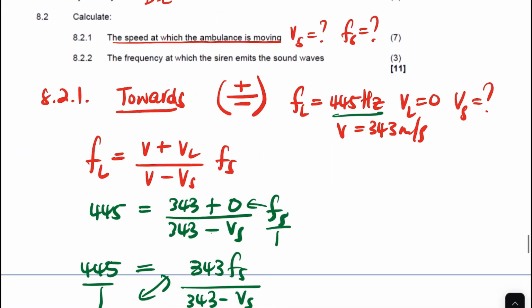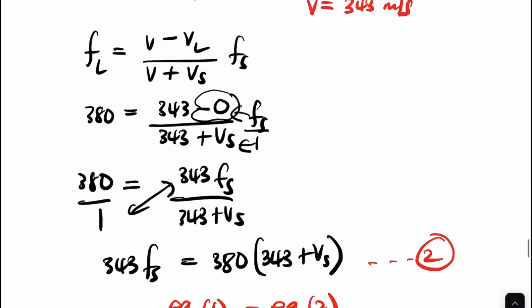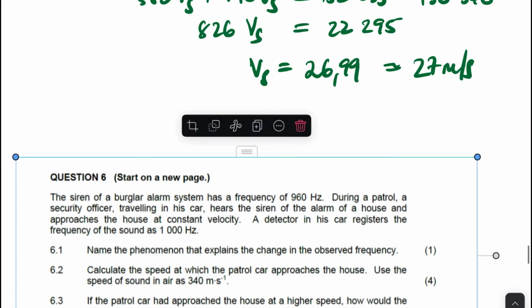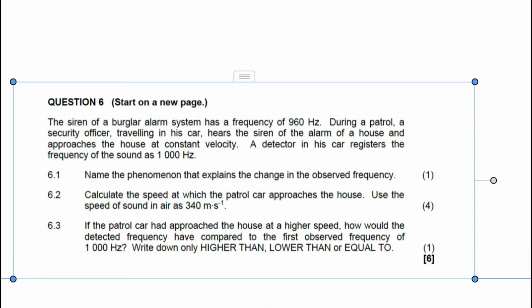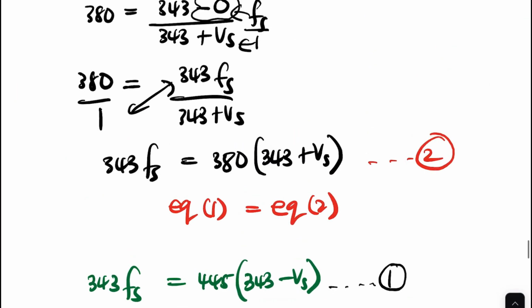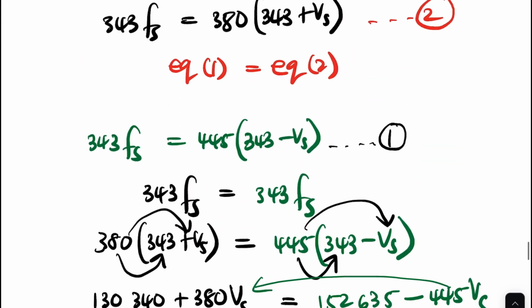Okay, now the last question: calculate the frequency at which the siren emits the sound wave. So we want the frequency of the source now. Guys, you can take any equation and substitute the velocity, whether equation 1 or equation 2, any. Let me just take the one that is nearby.